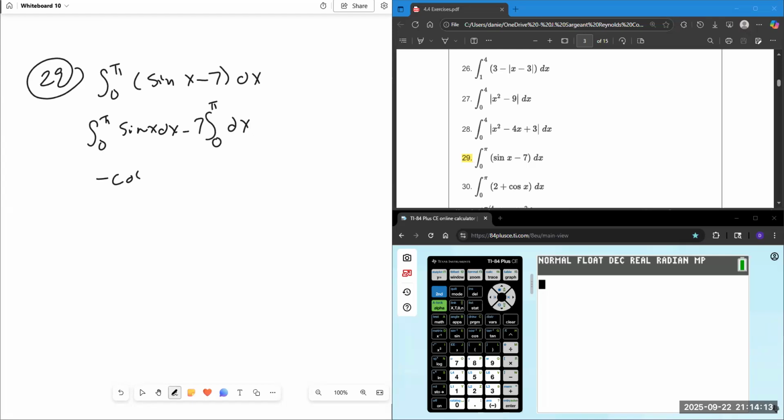So this is negative cosine of x from 0 to pi minus 7x from 0 to pi. Cosine of pi is -1, so a negative -1 is 1. Minus a negative will be a positive. Cosine of 0 is 1. Minus 7 pi plus 0. So this is 2 minus 7 pi.